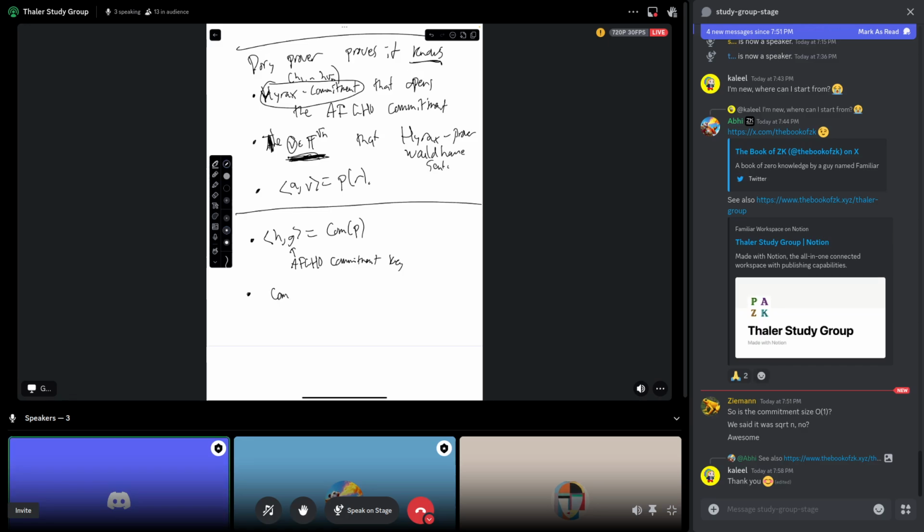If you write out what that was, it was the sum from i equals 1 to root n of b_i times H_i. This was the homomorphically derived Hyrax commitment to A times b. So this was the inner product of H and b.